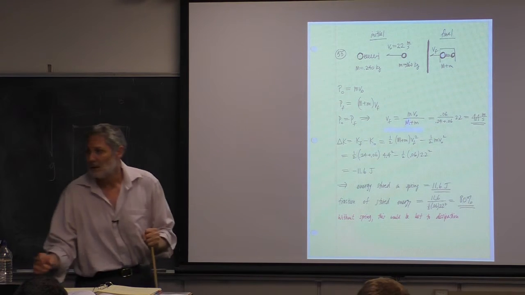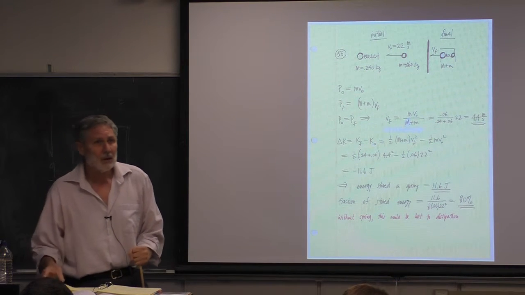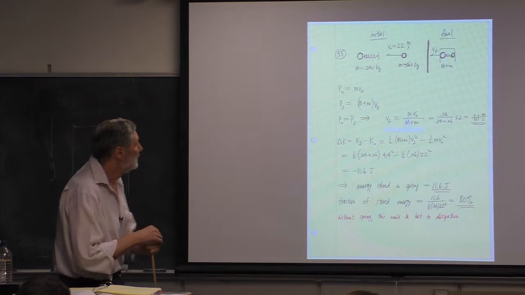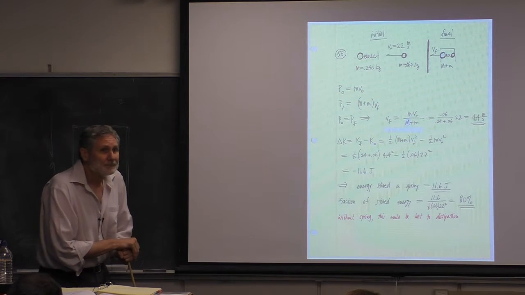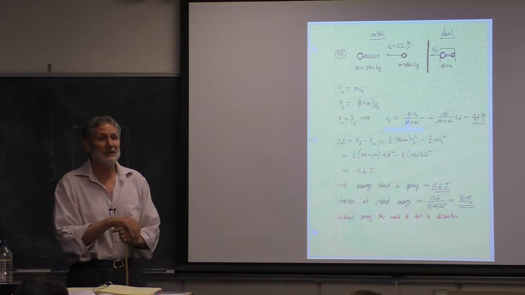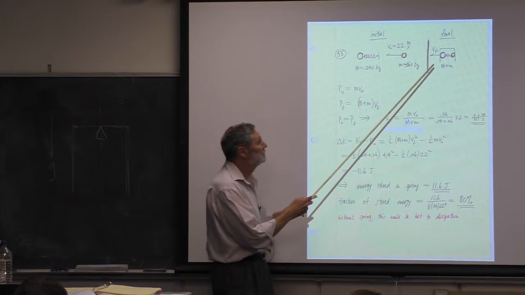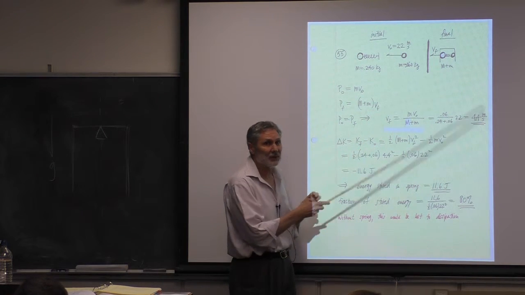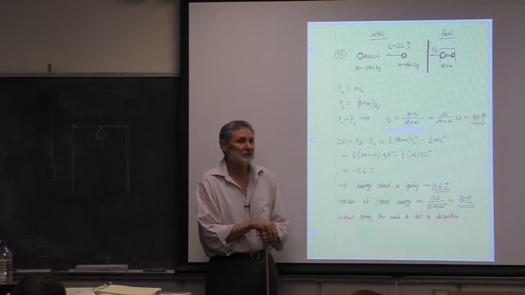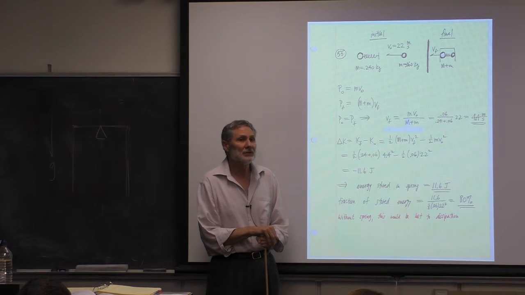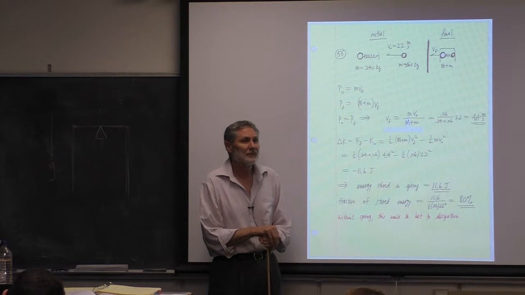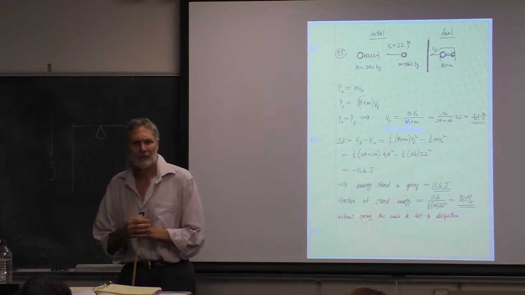Yeah? I'm just not sure why not knowing the spring constant isn't a factor here. Because if you imagine putting a weaker spring in here, what's going to be the difference with a weaker spring? You would have non-conservative losses.